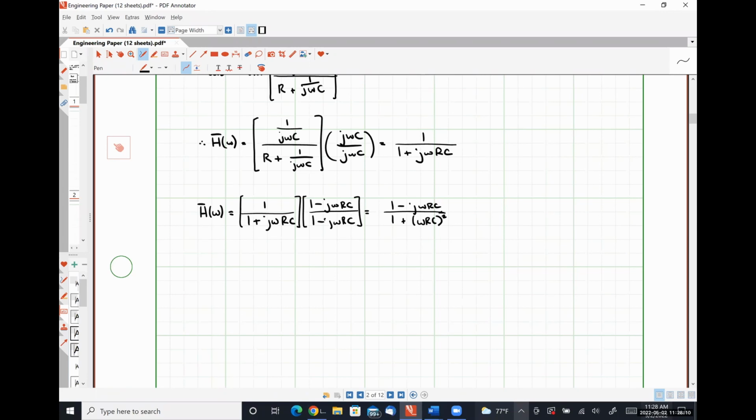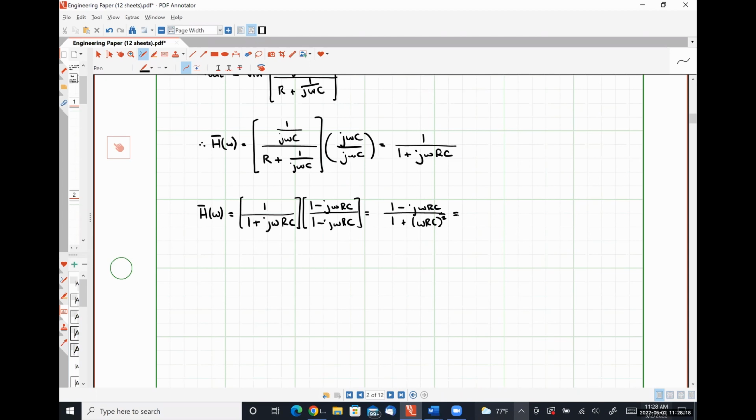And now I'm going to take this representation and just split it up into parts. So this is going to look like 1 over 1 plus quantity omega RC squared, minus j times omega RC over 1 plus quantity omega RC squared.